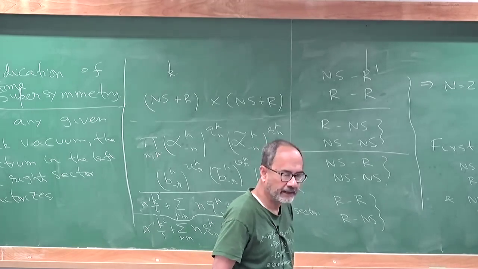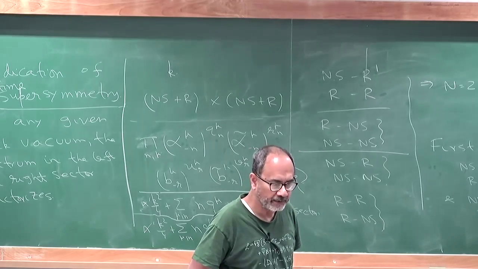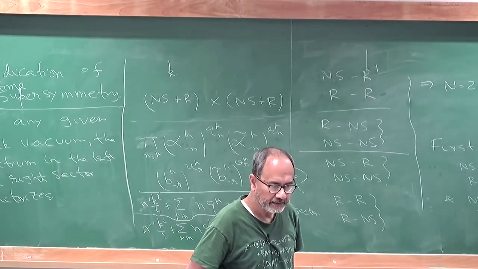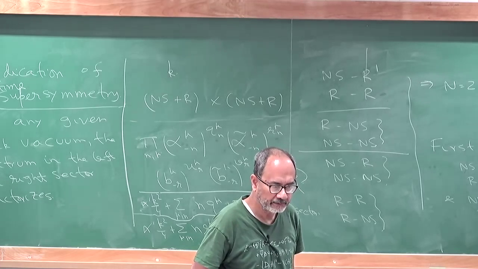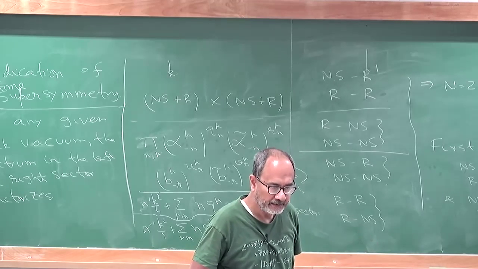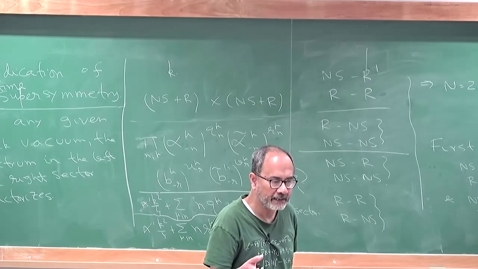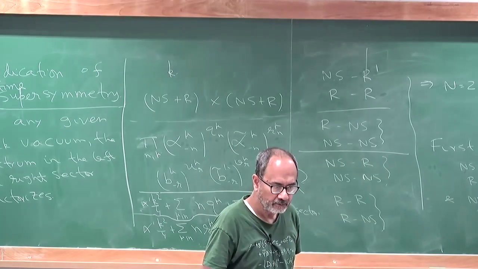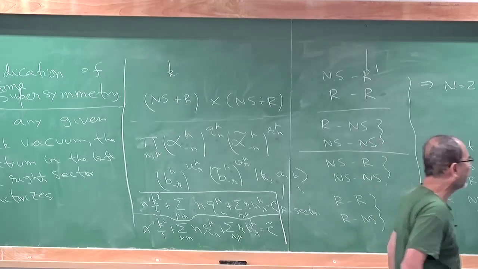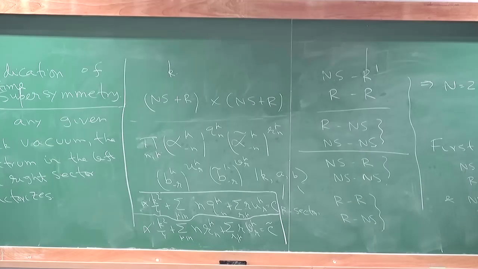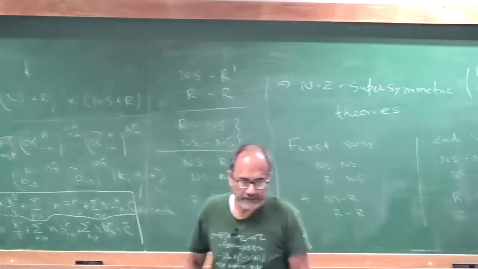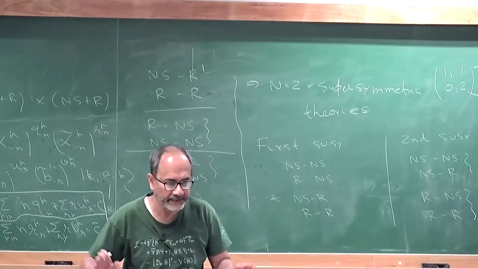If you take an N equal to 2 supersymmetric theory in 10 dimensions and compactify, the number of supersymmetries will be more. Not the number of supersymmetry generators, but what it is in terms of the minimal supersymmetry. For example, here we have 16 plus 16, 32 supersymmetries. If you compactify on a torus, all 32 supersymmetries are still there.